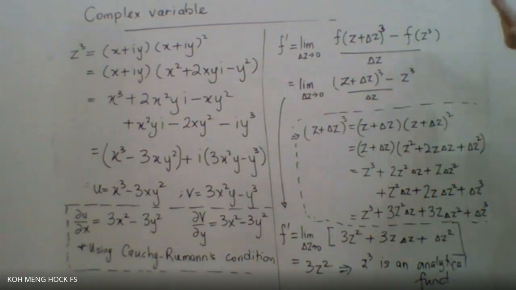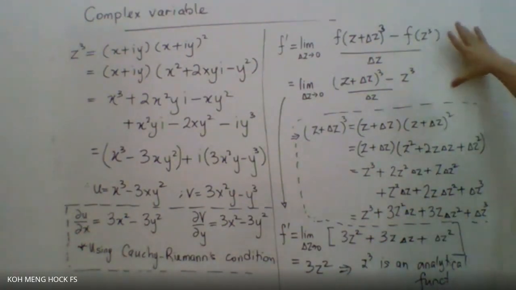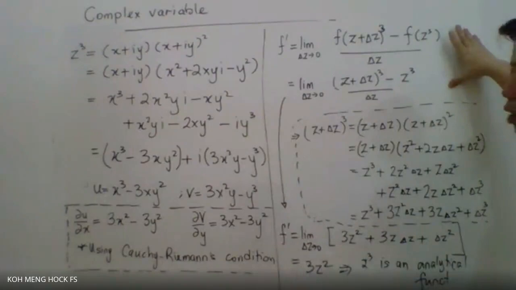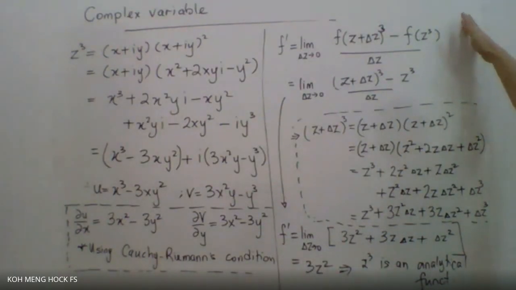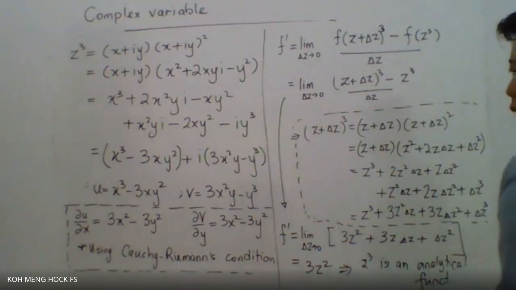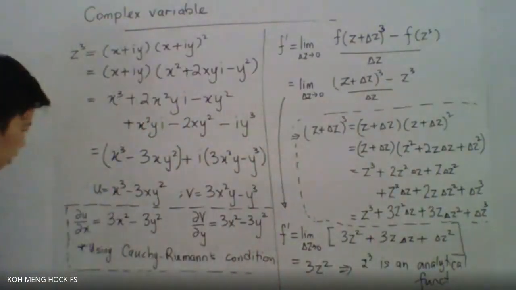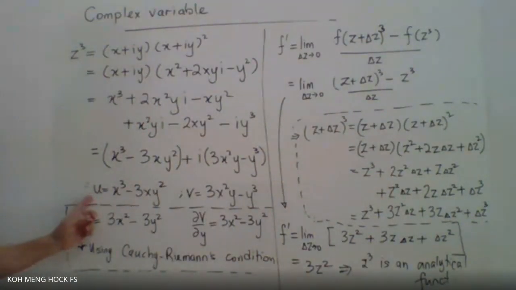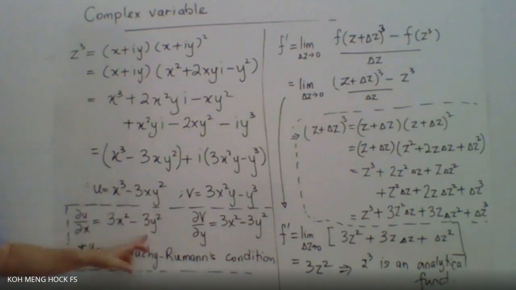So now again, this is using the definition we discussed earlier on, how to prove whether the function is analytic or not. I can use the Cauchy-Riemann condition to prove that this is analytic. How? This is my u. I take the differentiation with respect to x, then I will have 3x squared minus 3y squared.